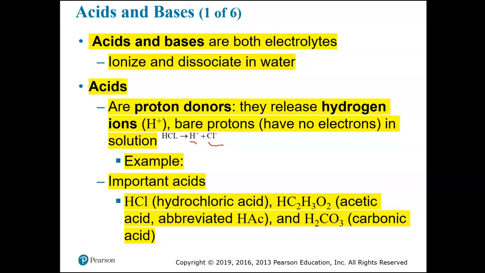Acids are defined as proton donors because a hydrogen ion is simply a proton. So it donates hydrogen ions or protons in solution. A lot of times the chemical formula for an acid, as you can see here, will begin with H, and that's because it gives up that hydrogen when it dissolves in water.